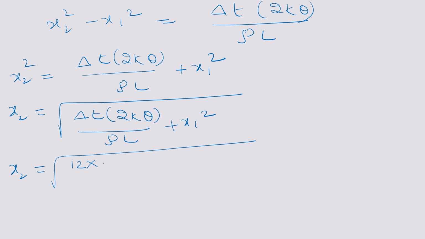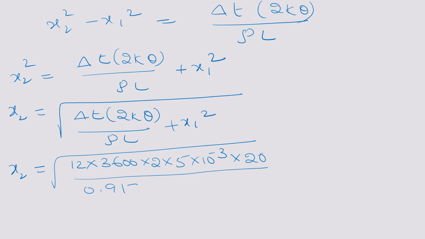Now substituting values, x2 is equal to under root of 12 into 3600 into 2 into its conductivity value 5 into 10 to the power of minus 3 and theta 20 degrees centigrade and rho 0.917 into 80 plus 10 square.